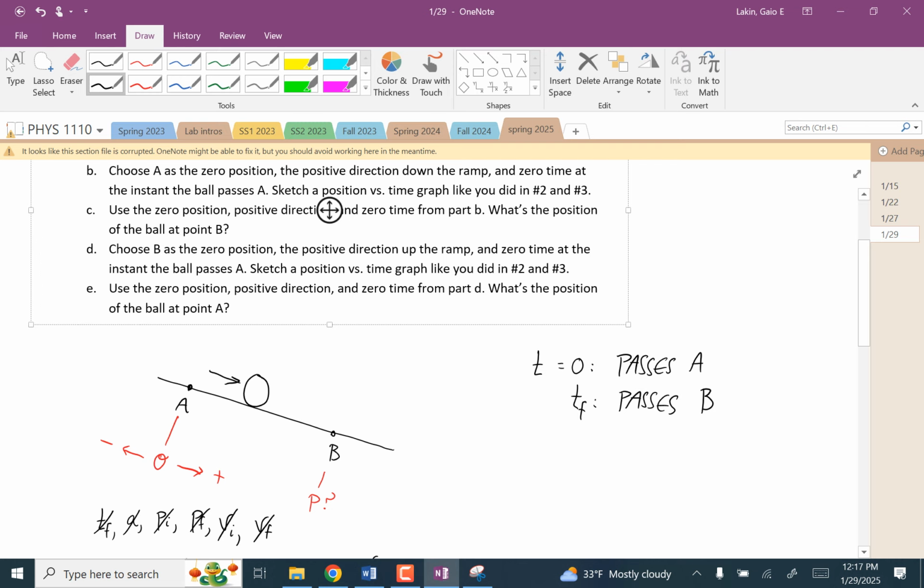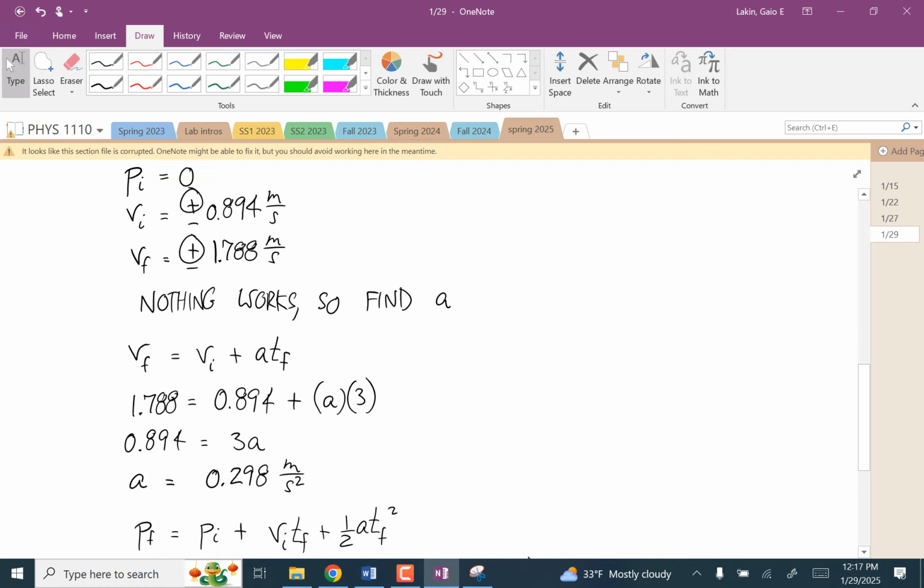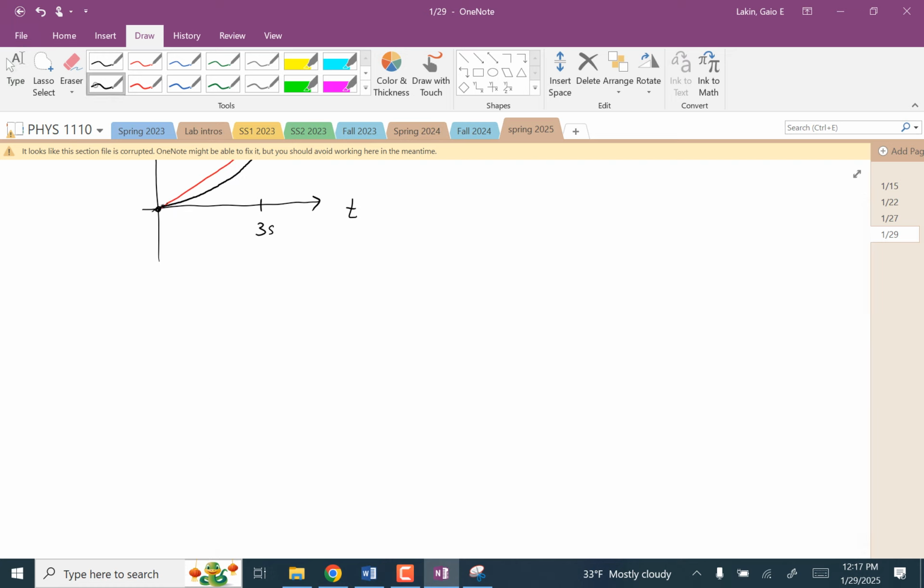And 0 time is again when it passes A. So none of this changes anything about the motion. The ball still does the same thing. But now our 0 position is here. And our positive direction is this way.